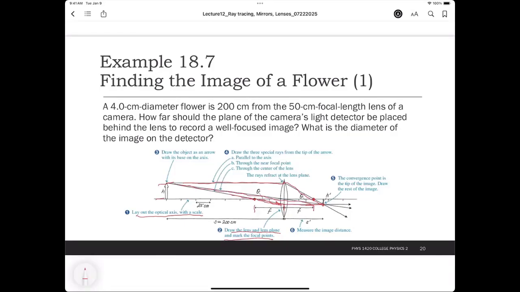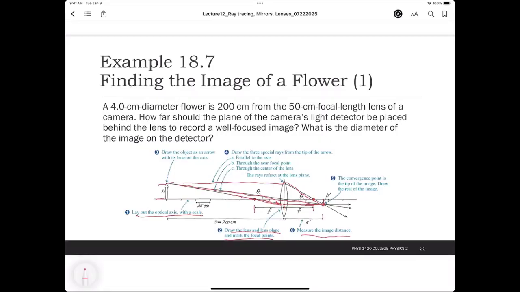The next step: the convergence point is the tip of the image. Draw the rest of the image. This is h'. The last step is to measure the image distance.